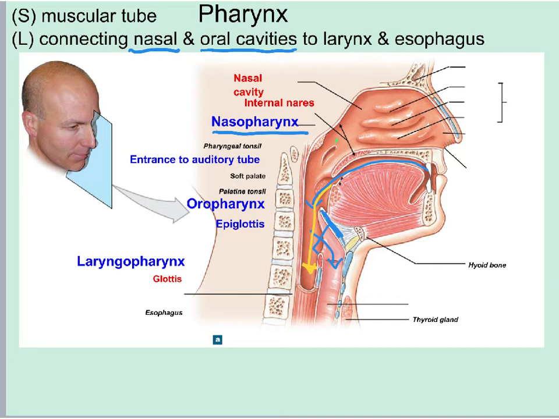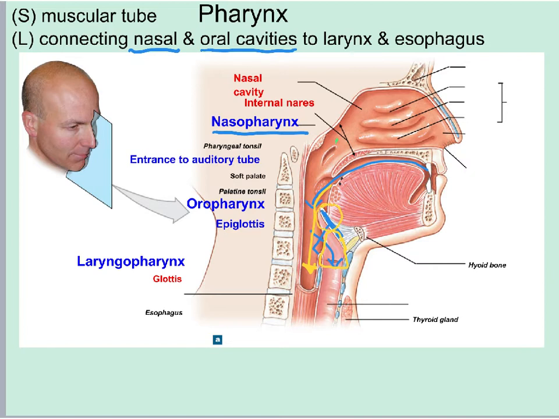Sometimes this malfunctions. We've all probably been there where we've tried to laugh while we've got food or drink in our mouth, or just something strange happens, or you try to say something, and that's because this entire structure, the larynx right here, that's your voice box. And so if air is passing in through the larynx or out through the larynx, sometimes that causes the epiglottis to wobble a little bit.